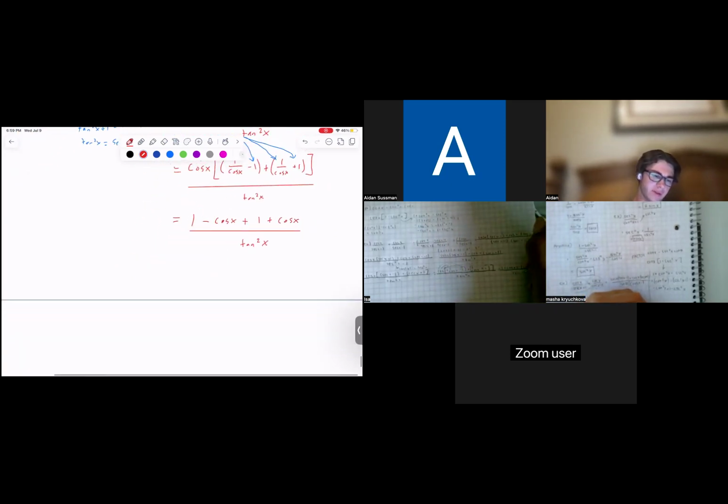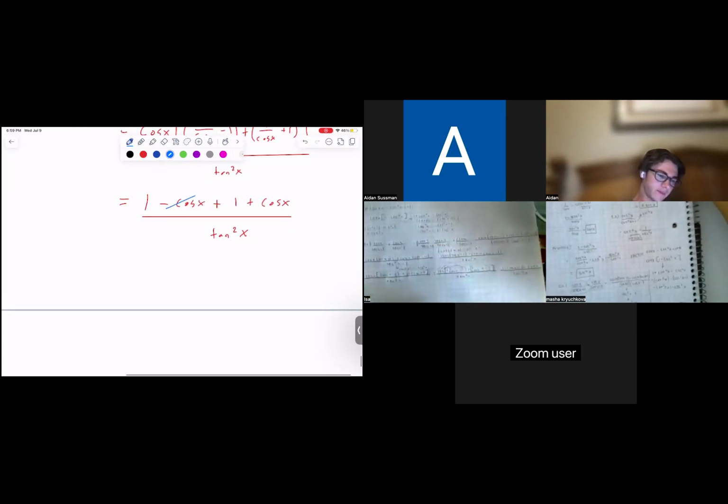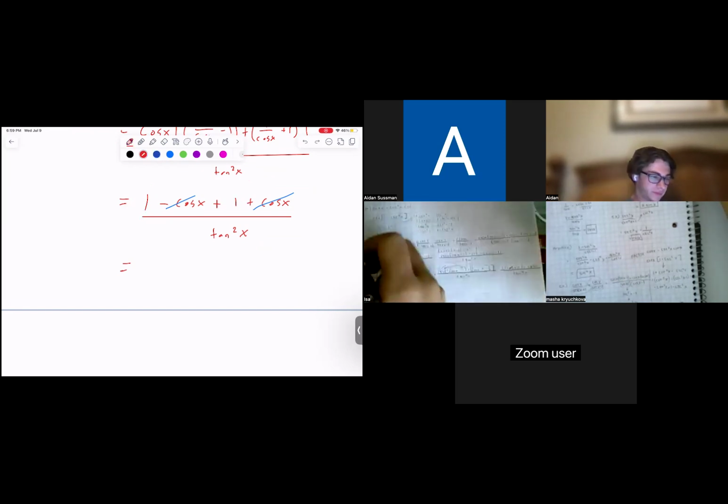All right, what cancels out up here? Negative cosine x and positive cosine x. Yeah, and what are we left with? What do I get on top? 2 over tangent squared of x. Yep, and this is about as simple as it can go.